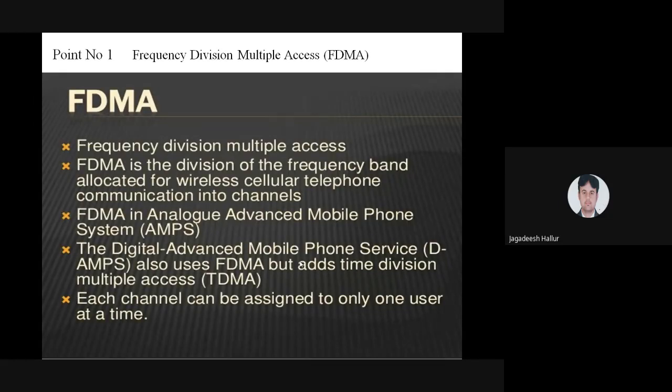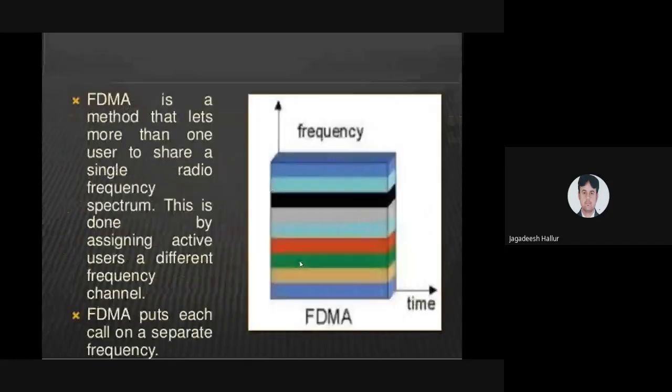And in FDMA technique, we are going to use guard bands. The function of these guard bands is to avoid interference between two signals, or to minimize the interference between the adjacent signals.